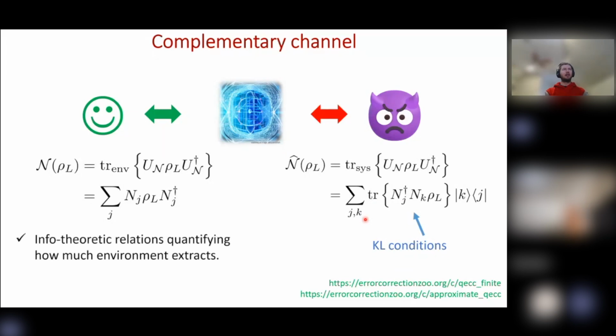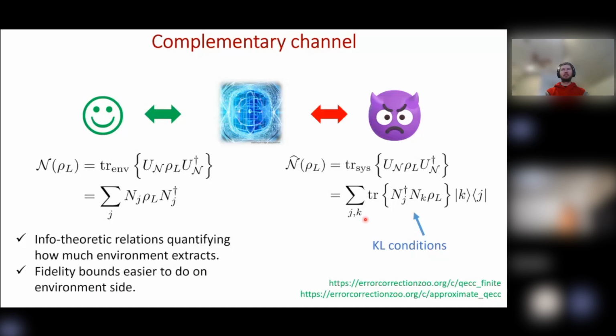So there's a very deep connection here that I think is a much easier way to explain the Knill-Laflamme conditions. Very early on, this was noticed and related to some information-theoretic relations, entropies and things that you can calculate that tell you how much the environment is able to obtain from the code without explicitly calculating the Knill-Laflamme conditions per se.